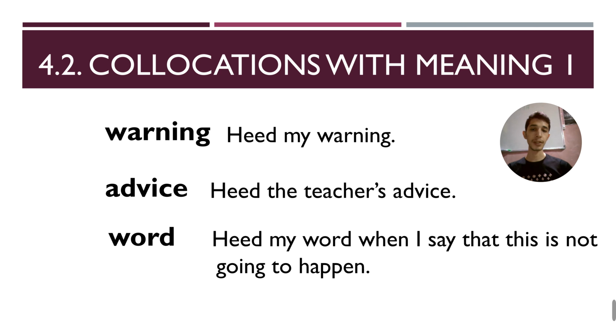I haven't explained, but through the examples, collocations are words that come together with the word that you are learning. For example, the word now is heed, and these three words usually come with the word heed. So people usually use them together. So we say, heed my warning, heed my advice, and heed my word.